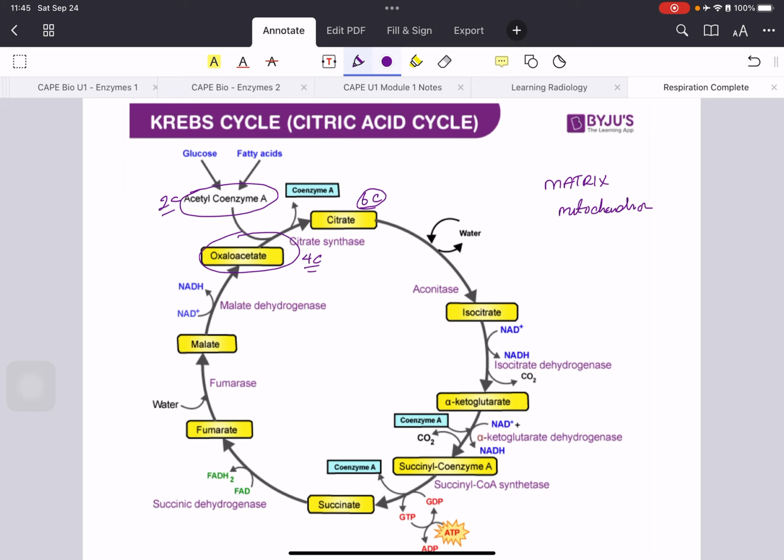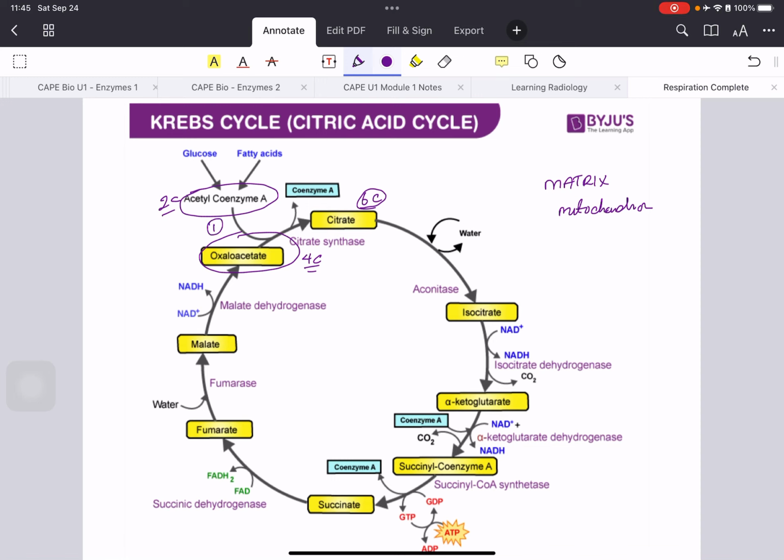We need to learn off these molecules here. You don't need to learn the purple enzymes, that's irrelevant basically. But the blue stuff and the ATP stuff you also need to know, as well as these green stuff down there as well. We'll get to that.